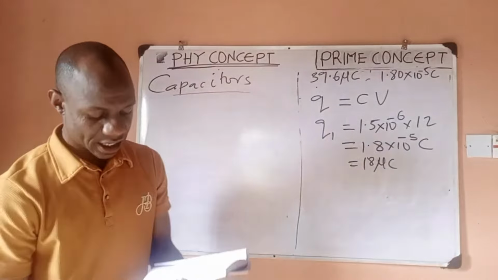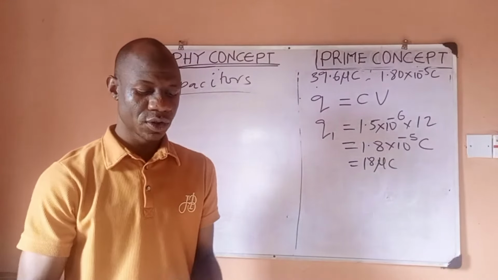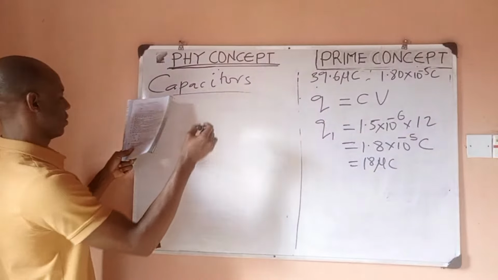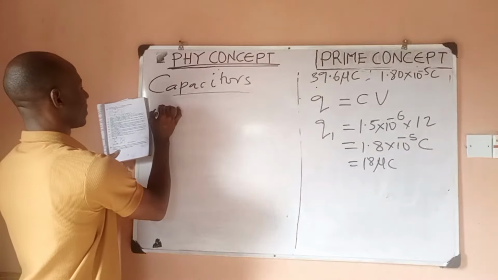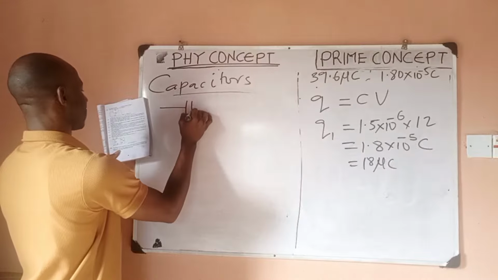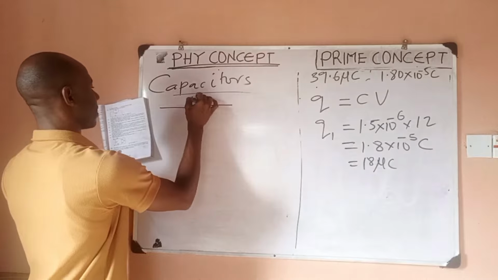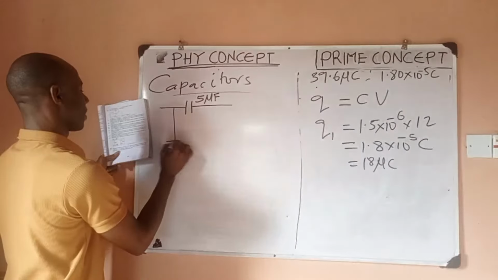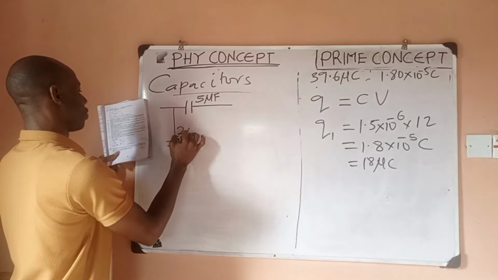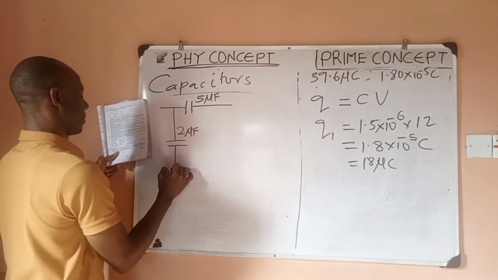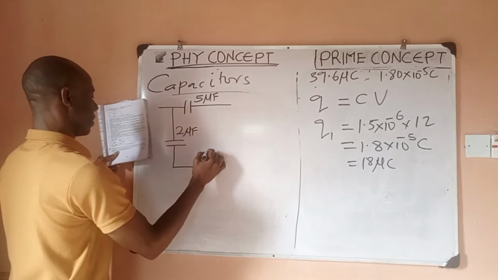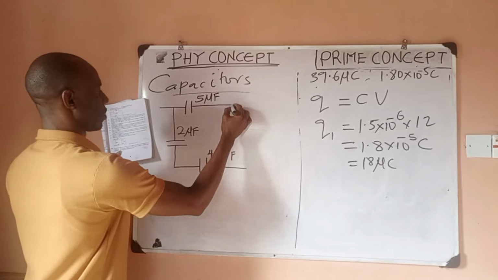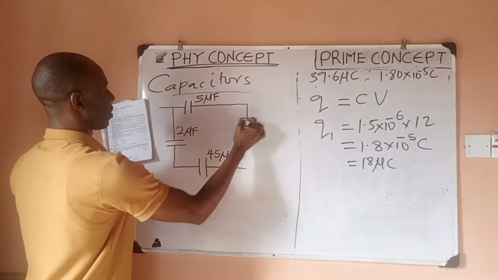Now, I have this circuit that a lot of students have showed me, even on our group. A lot of people, but it's a very simple question. So do it very fast. So we have this. This is 5 microfarad. This is 2 microfarad. This 45 microfarad, which is too large. Maybe it's supposed to be small, but let's work with it.